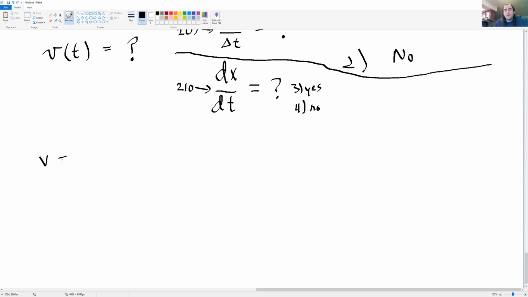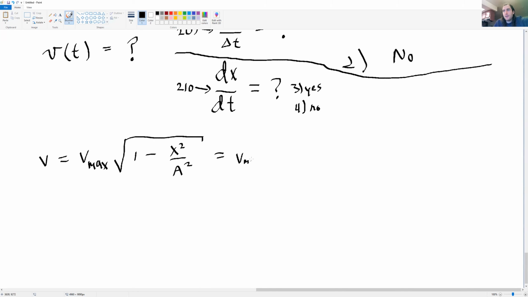So here's what I'm going to do if I'm a 205 student. I'm going to say, hey, wait a second. We already calculated the velocity in terms of x. Here's the velocity in terms of x. Aha! I don't need calculus.